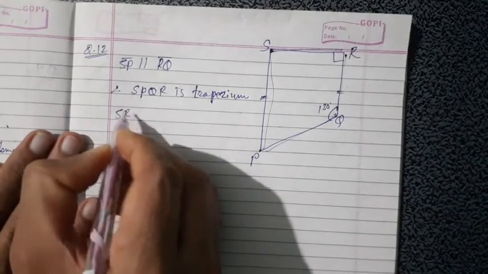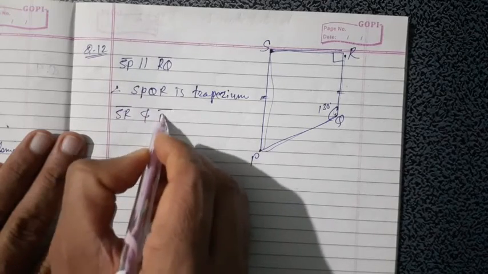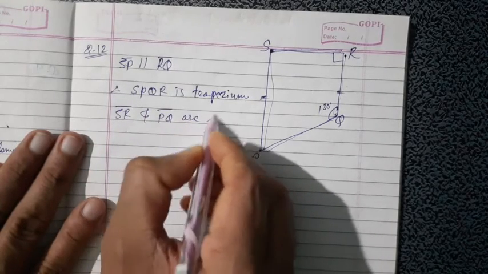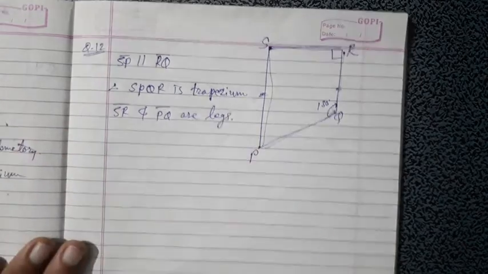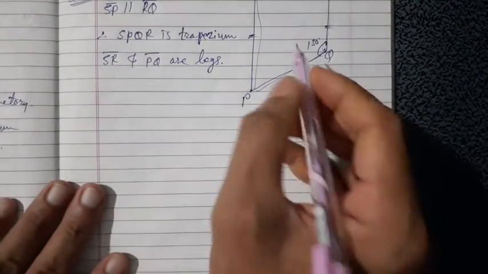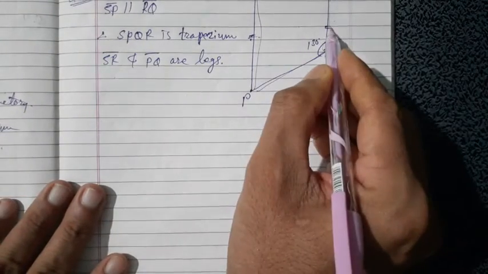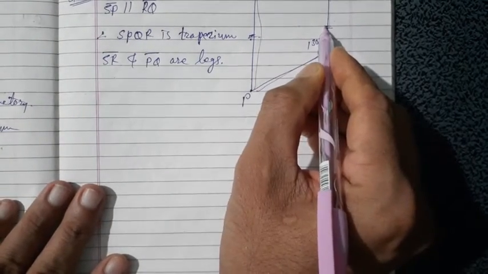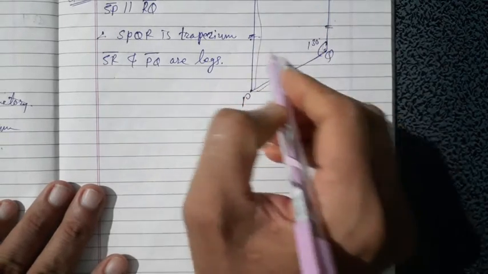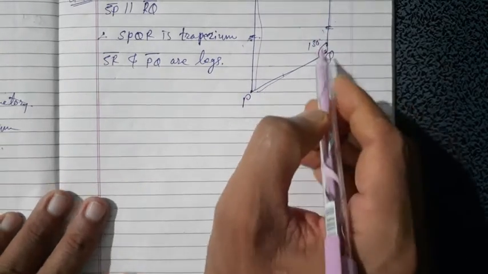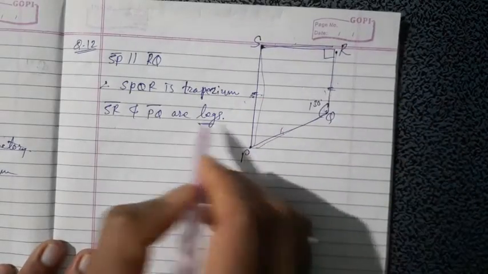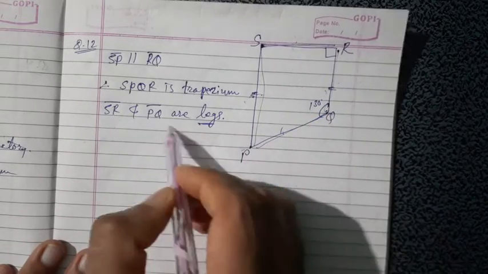The parallel sides are called bases, and the non-parallel sides are legs. So SR and PQ are legs.